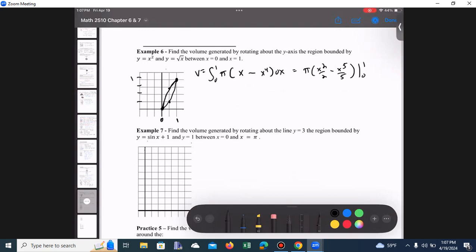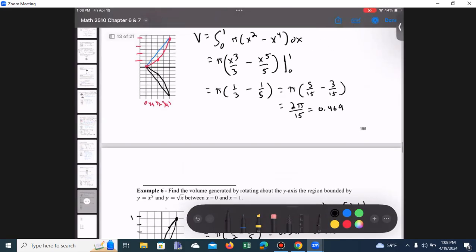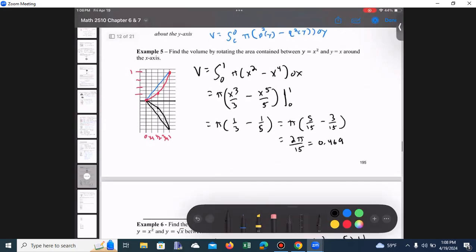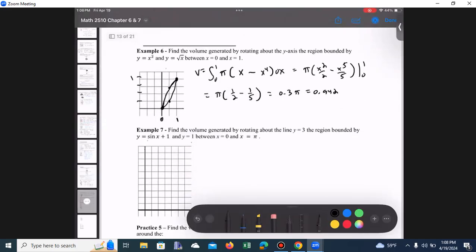Again, 0 won't matter here, so we'll put in 1: pi times 1/2 minus 1/5, which is 0.5 minus 0.2, which is 0.3. So you get 0.3 pi, which comes out to be 0.942. These are not the same at all because you're not dealing with the same functions, even though they're around the same space.